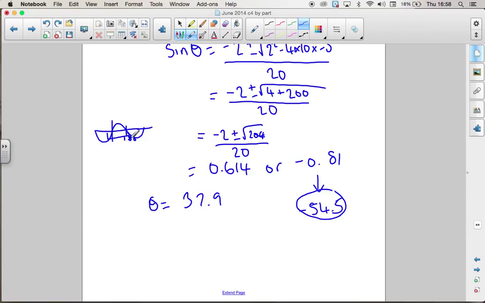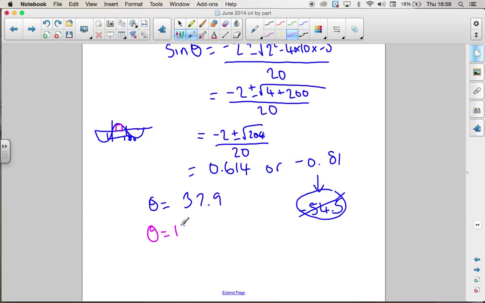The next time that I get an angle that's equivalent to that, with an answer of minus 0.81, will be past 180, so that's not going to get any solutions from there. This one, however, the 37.9, will have a solution here and will have its next solution here before the 180.